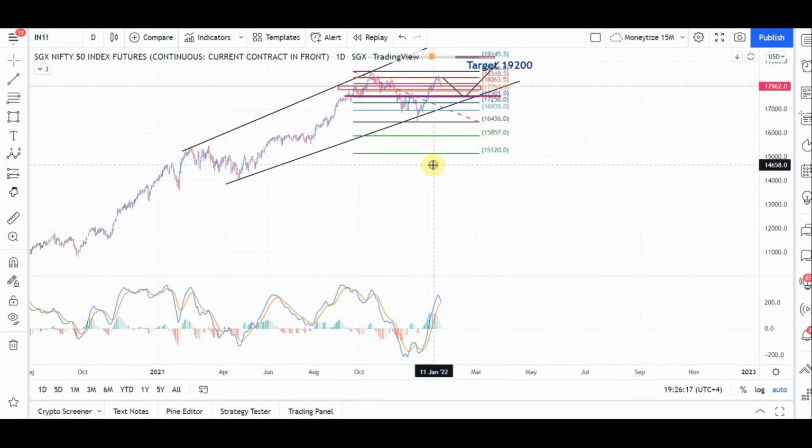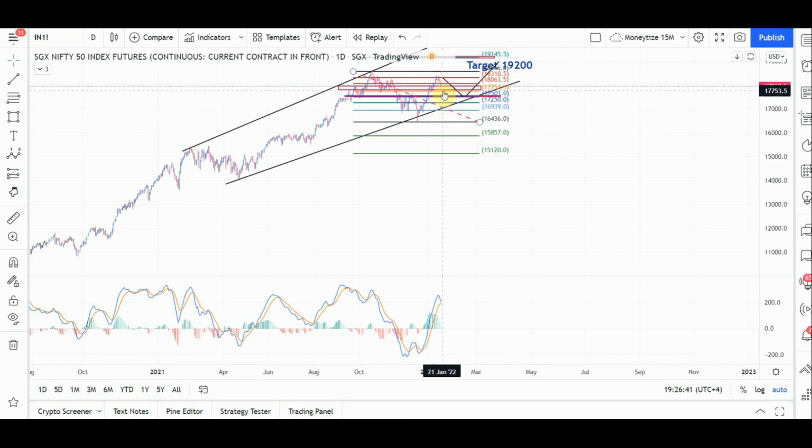Sorry, I mentioned wrong. This is the swing high and this is the swing low, and taken the reverse extension level, which is 19,145, rounded off to 19,200. So this is how I've calculated the upcoming target for Nifty.